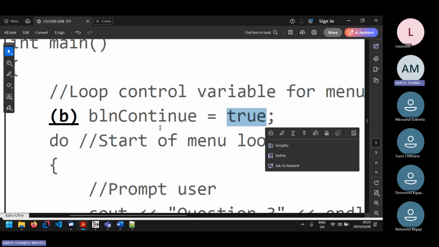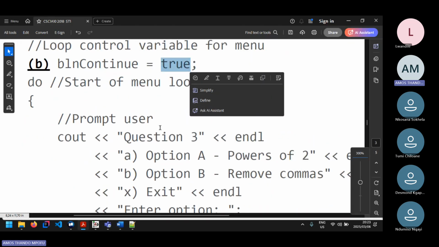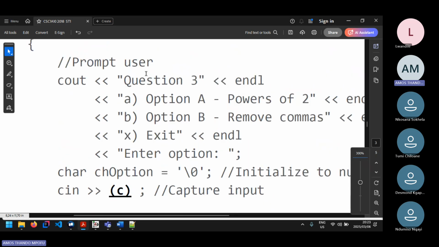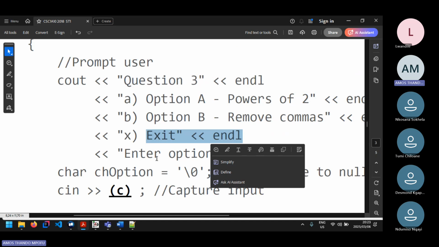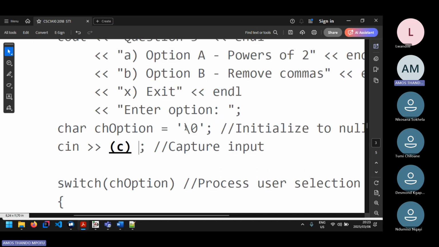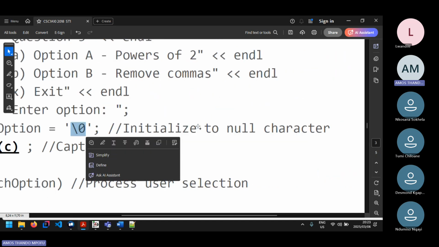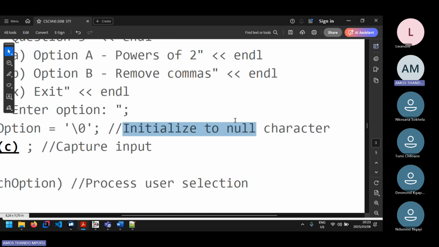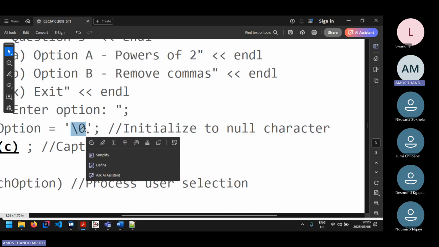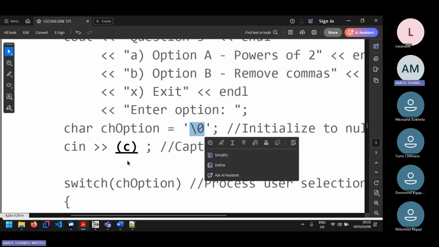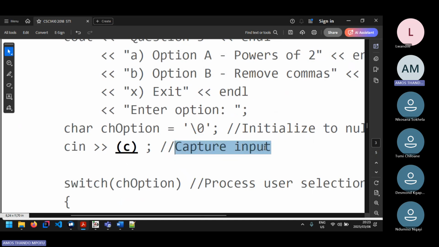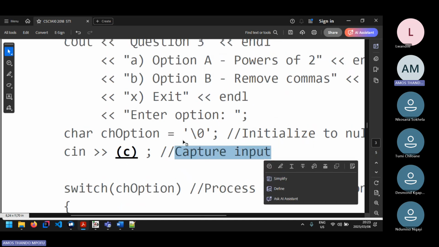And then I'm going to go back. It's going to output options, question 3, option A, option B, exit. Simple, right? And then remember the null that I talked about. They even explain, initialize to null character, because this represents a null character. And then here we need to capture the input. What input are we capturing?